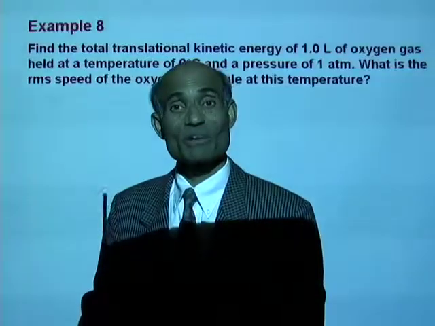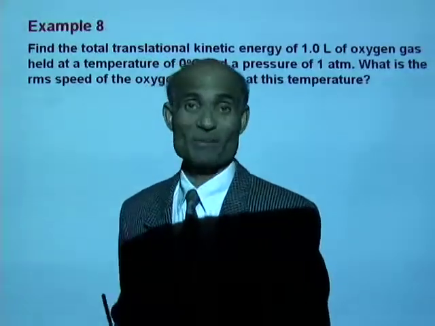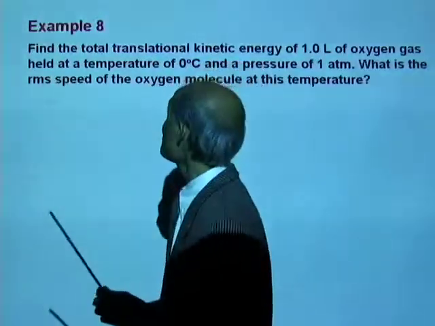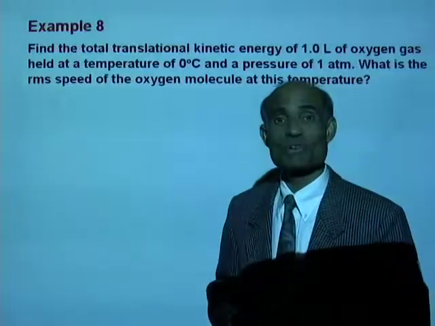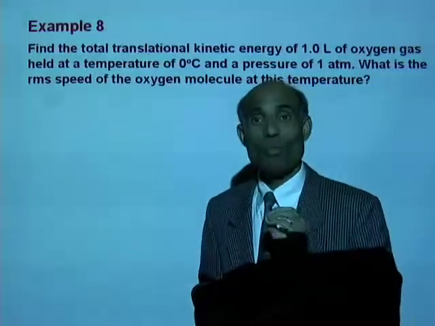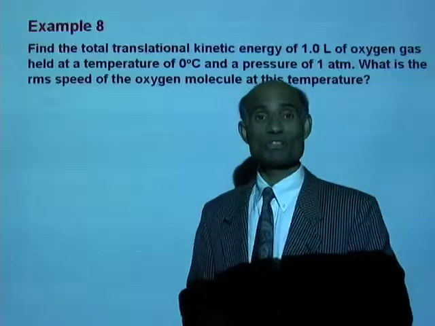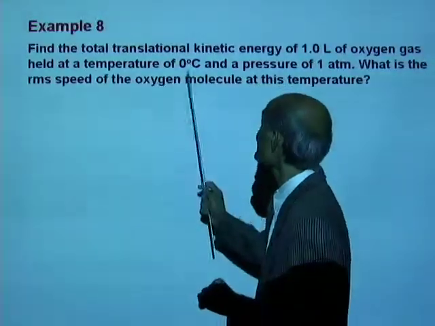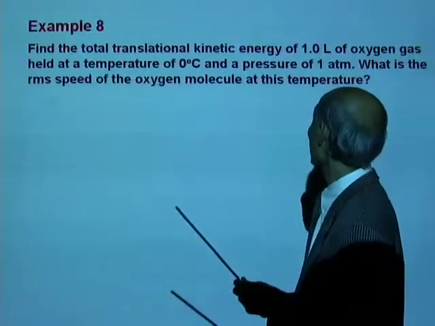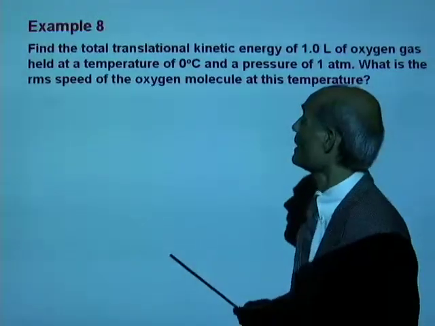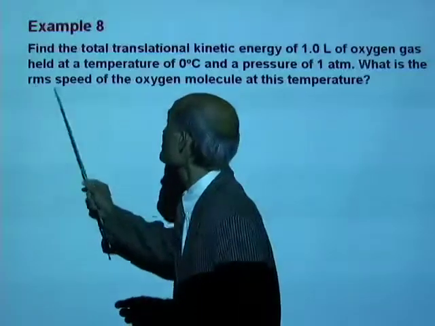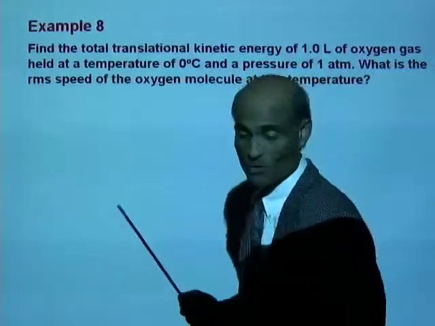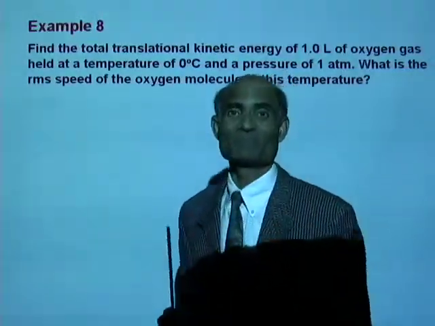Problems using the results we obtained so far. Find the total translational kinetic energy of 1 liter of oxygen gas held at a temperature of 0 degrees Celsius and a pressure of 1 atmosphere. What is the RMS speed of the oxygen molecule at this temperature?